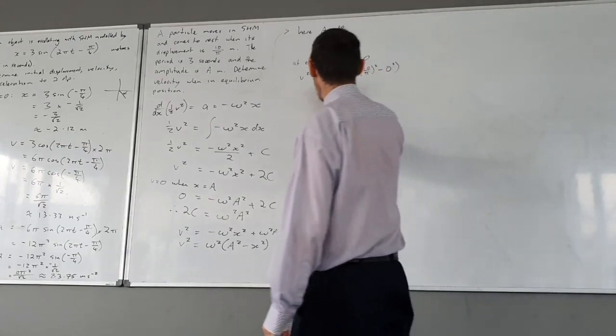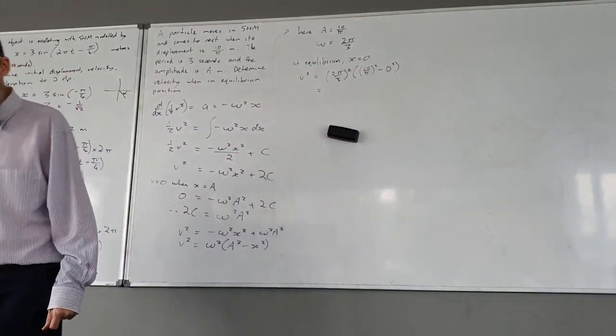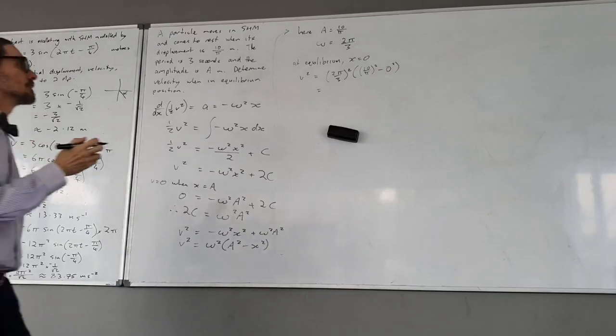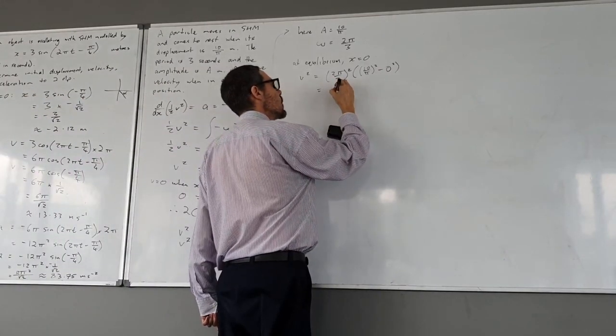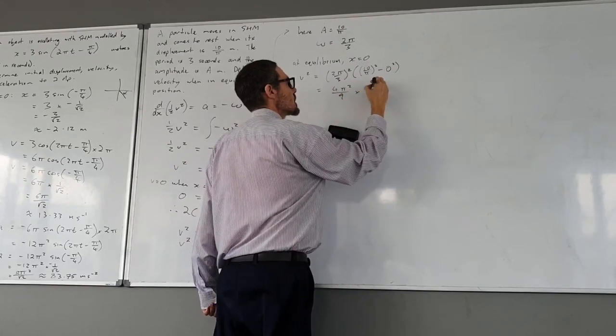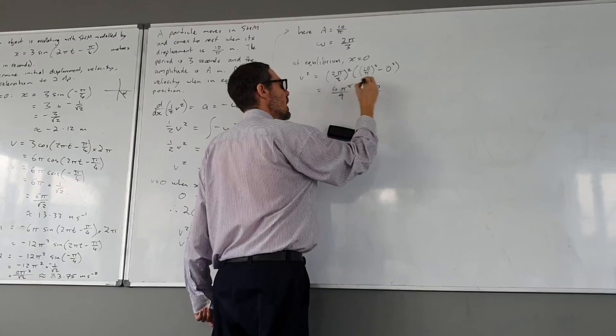Got all these beautiful numbers and pi's, so let's avoid the calculator and get an exact answer. Have a go at simplifying that without looking at the example in the book. Oh, it works out alright. It does turn into a nice number. It looks a bit scary there. 4 pi squared on 9 times 100 on pi squared.